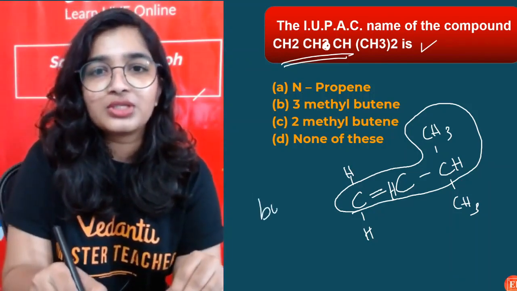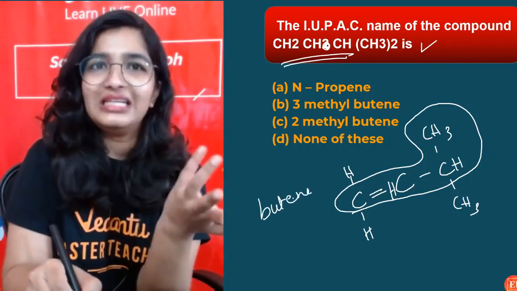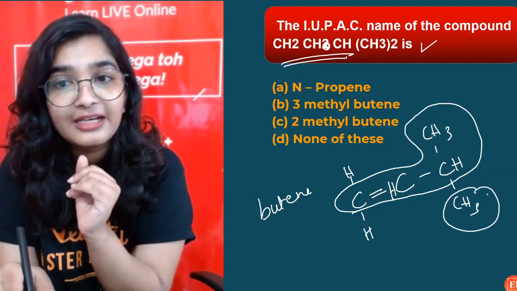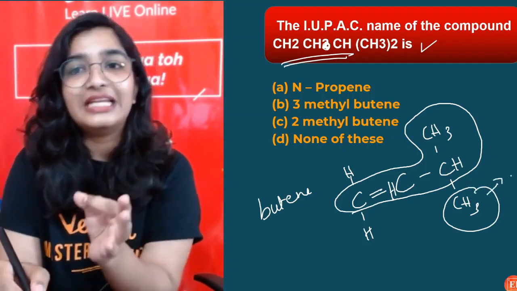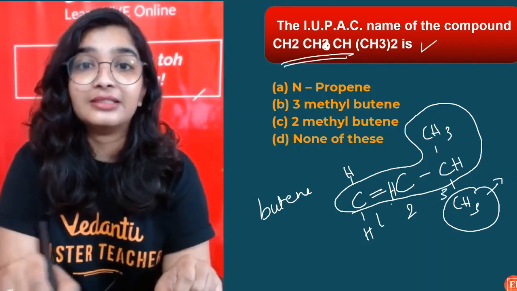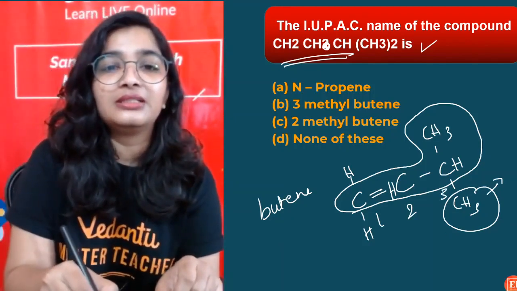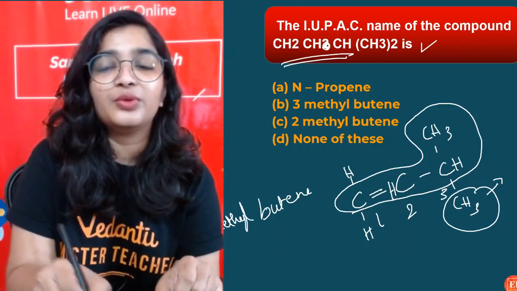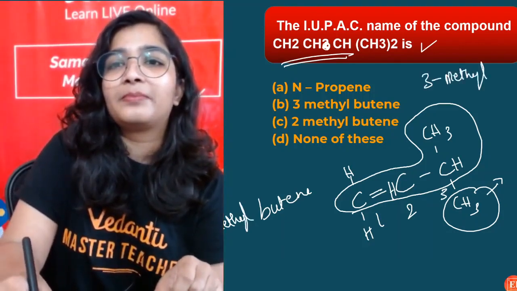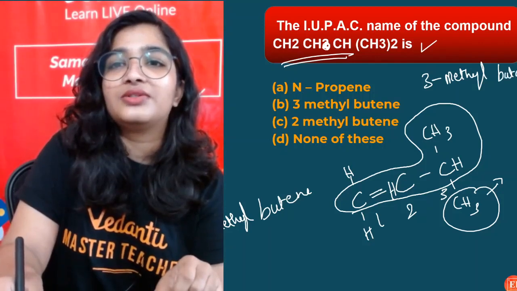So butene, it's one ene, so I'm just writing butene. Now we have a substituent or a side chain at what position? 1, 2, 3, third. 3 methyl butene. 3 methyl butene is the right answer.